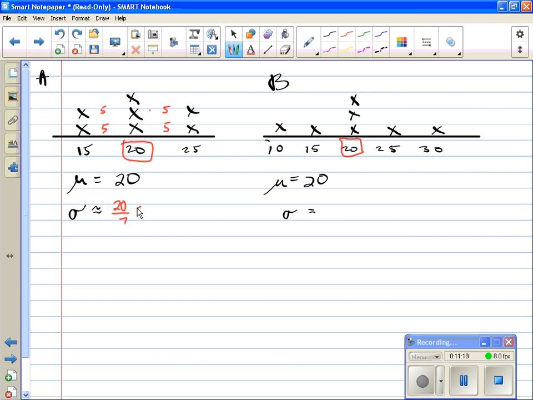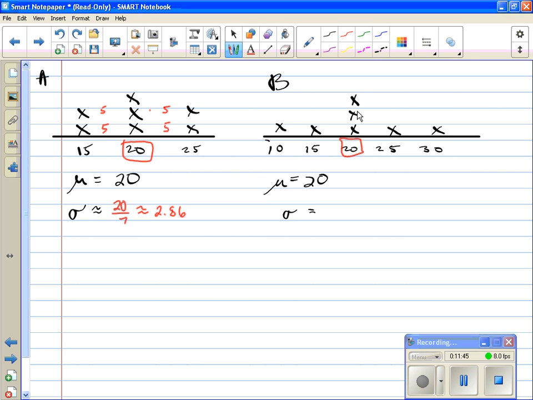So here your average deviation, or your standard deviation, is going to be like 2, almost 3. Let's figure it out. 2.86, whatever. Over here, standard deviation.